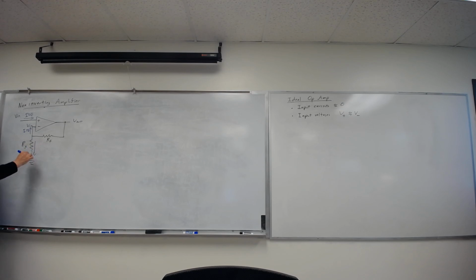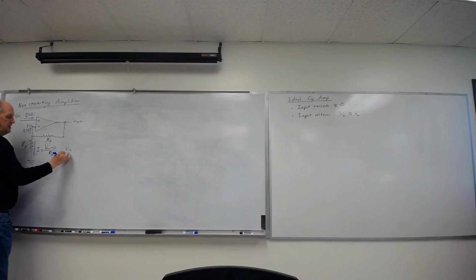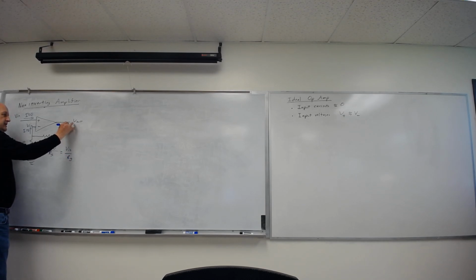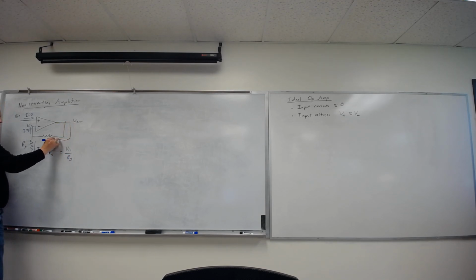So I have a current right here. This current is going to be the voltage, Vn minus 0, because ground's on the other side, divided by the ground resistor. I'll have a current that's going to go from the output to ground.